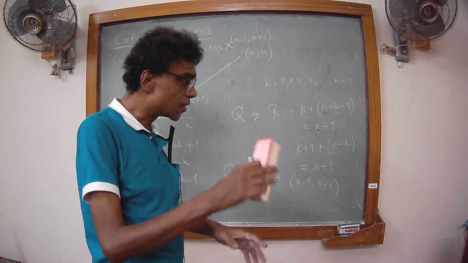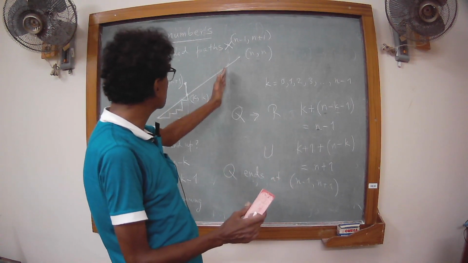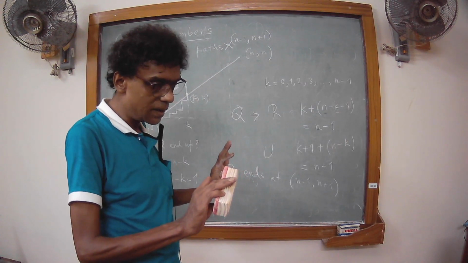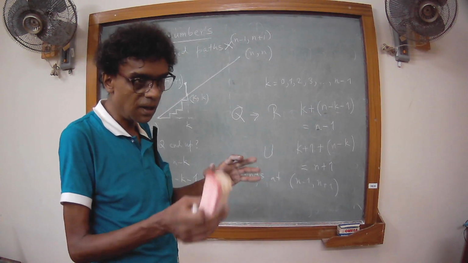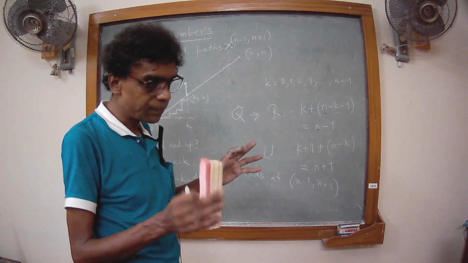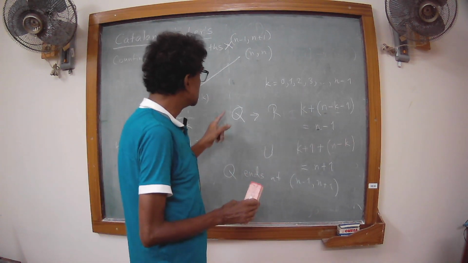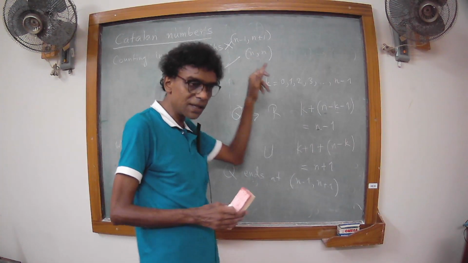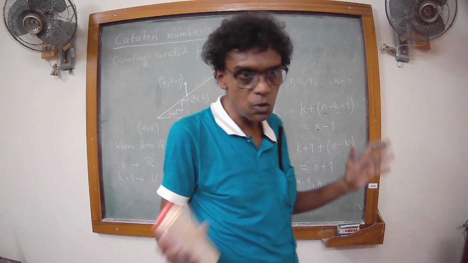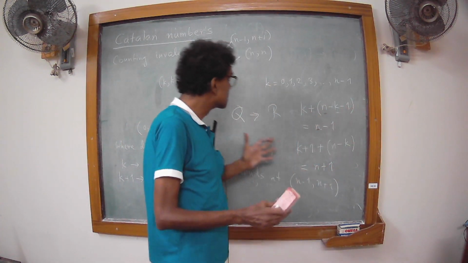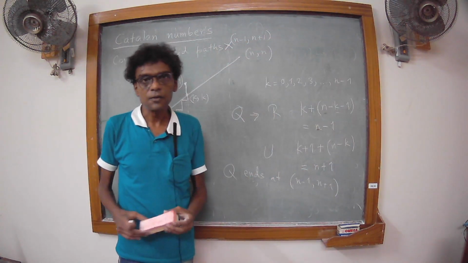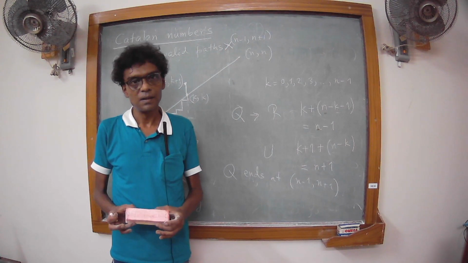Okay. And then if you reverse the construction, that is, the first time it crosses this line, up to that point, it's the same. And then reverse the R and U, then you will get an invalid path coming from 0, 0 to n, n. In other words, the construction of P to Q from an invalid path to a path from 0, 0 to n minus 1, n plus 1, this construction is reversible.